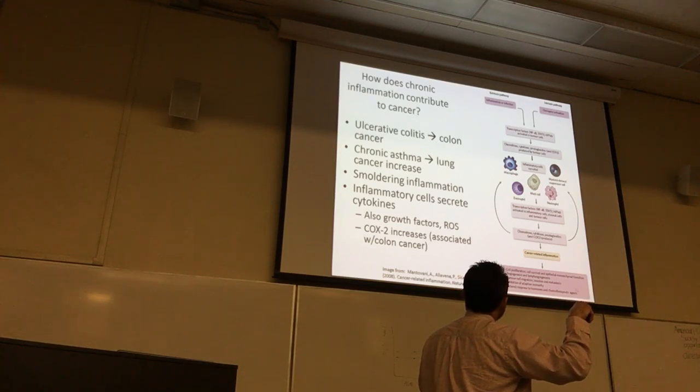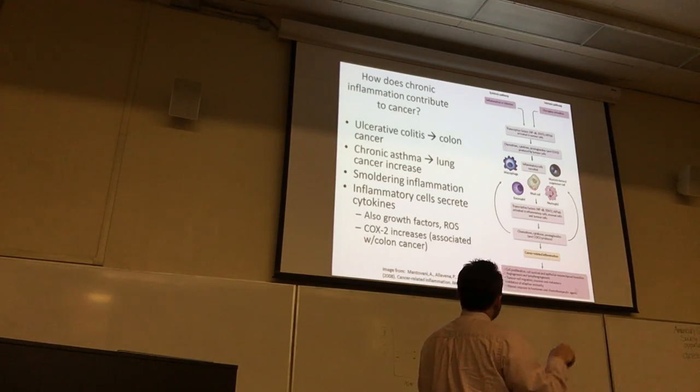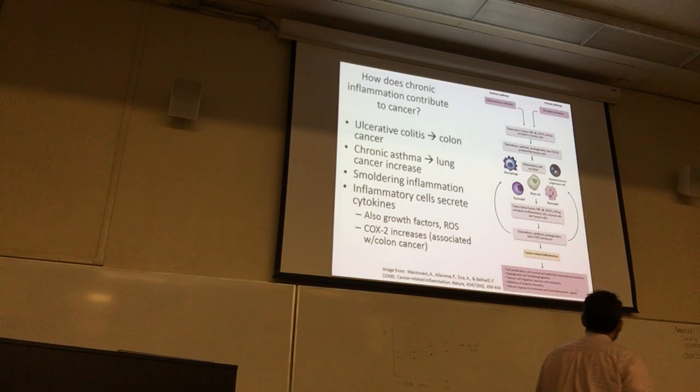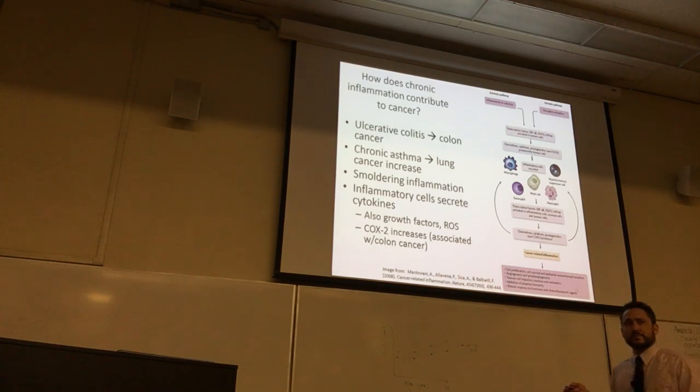Here's the macrophage and the neutrophil that we're most familiar with, but you can see the mast cell makes histamine, right? The eosinophil also makes histamine. And ultimately, this feeds down to an inflammatory event, and that inflammatory event causes all sorts of problems associated with cell proliferation, cell survival, inhibition of adaptive immunity, and nicks in the DNA that can take place.